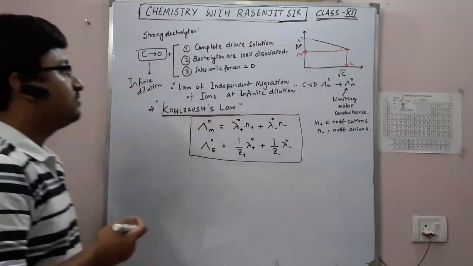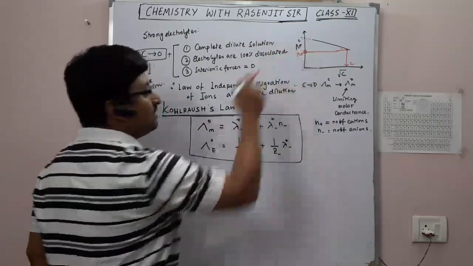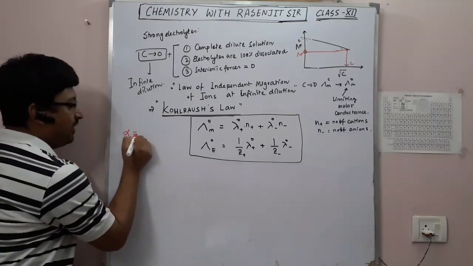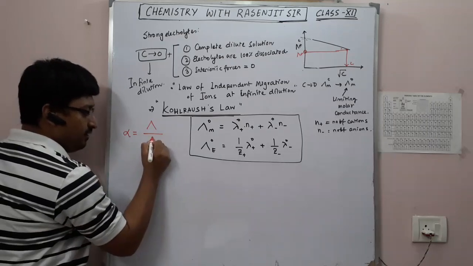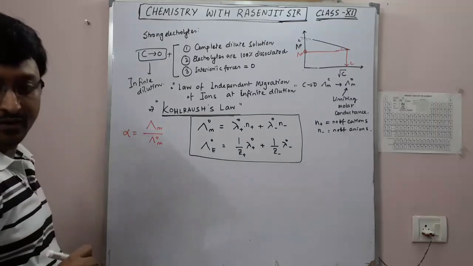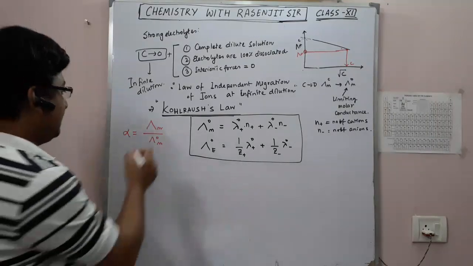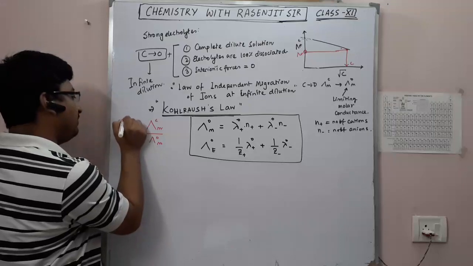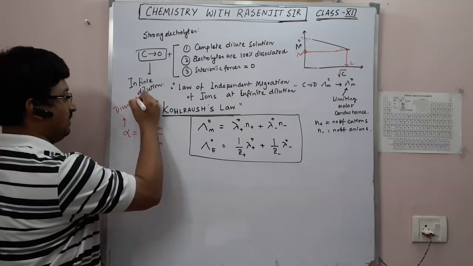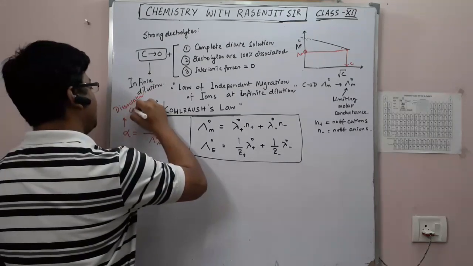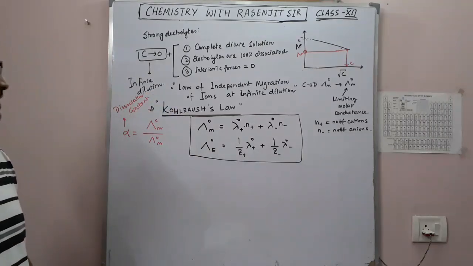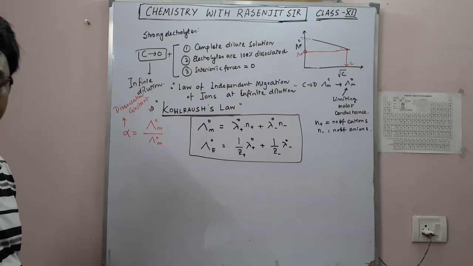If I compare these two lambdas, can I get a value? Yes, indeed. We will get alpha, which is equal to lambda mc by lambda m0. This alpha is known as the dissociation constant. You can calculate it from here.